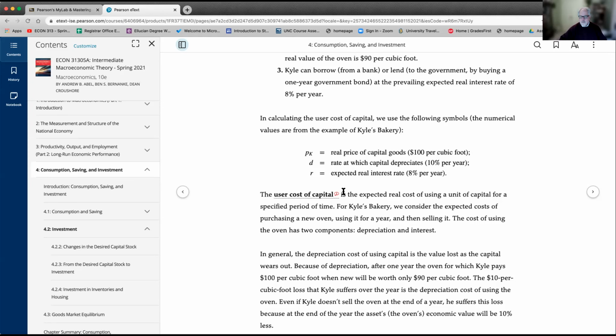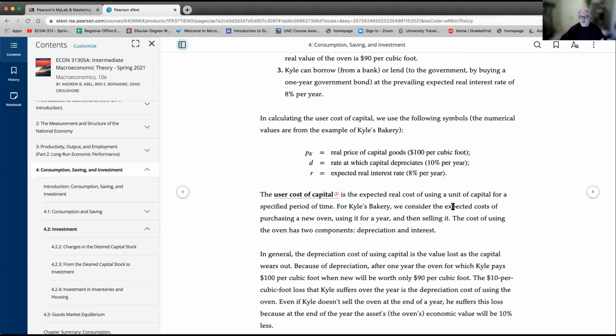Okay, so the user cost of capital is the expected real cost of using a unit of capital for a specified period of time. It's not just buying the capital, it's how you use it. It's going to depreciate over time, so part of it gets used up each year, and you can depreciate that over time.